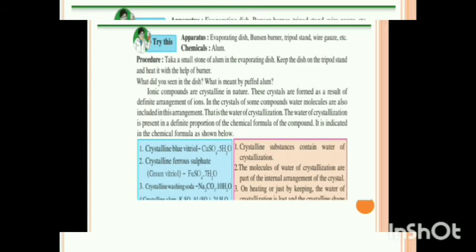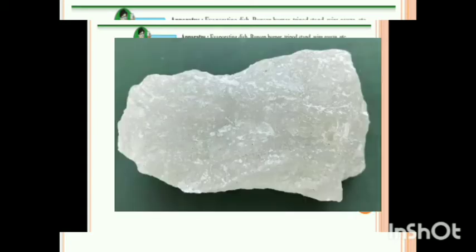Then again there is one experiment which we will see. Apparatus: you have to take an evaporating dish, a Bunsen burner, a tripod stand, wire gauze, etc. And the chemical is alum. Alum is a chemical compound.